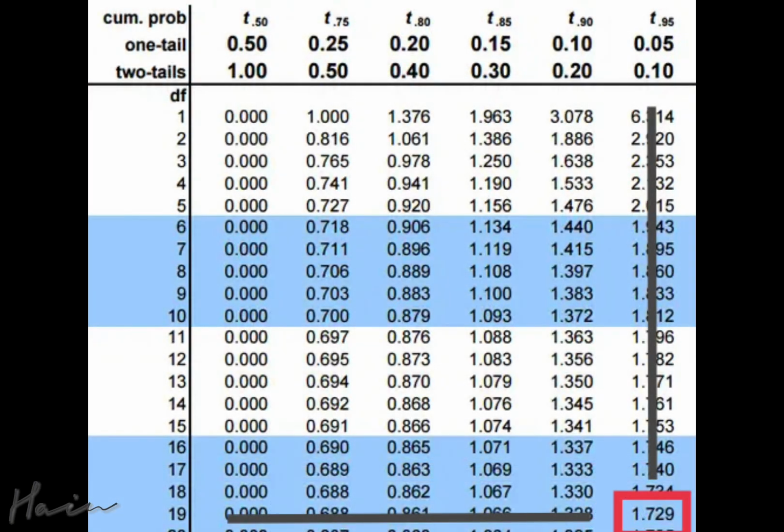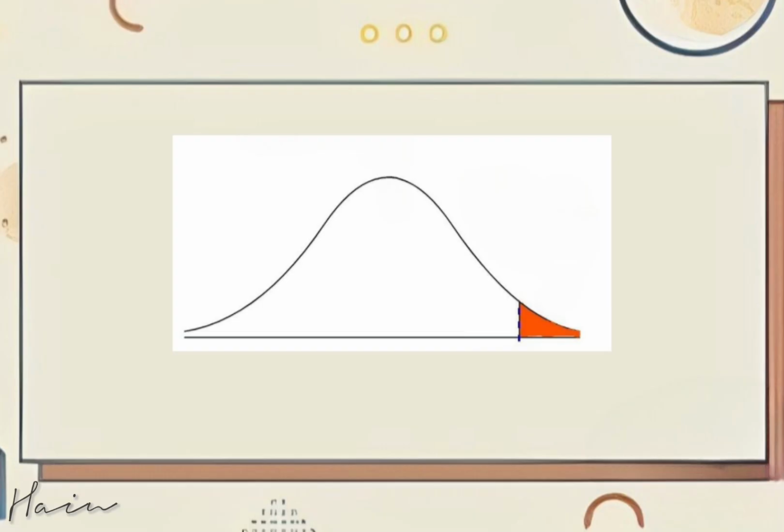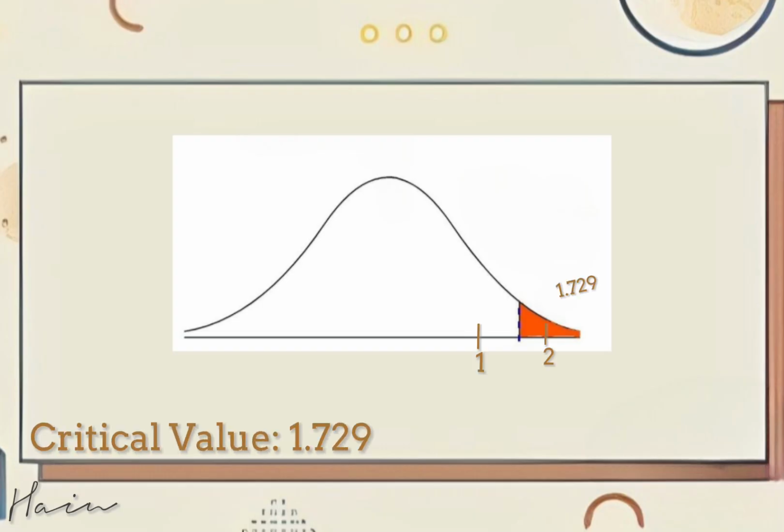At ang corresponding niya, since one-tailed siya at ang level of significance niya ay 0.05, ay 1.729. So our critical value is 1.729 or our rejection region is 1.729.